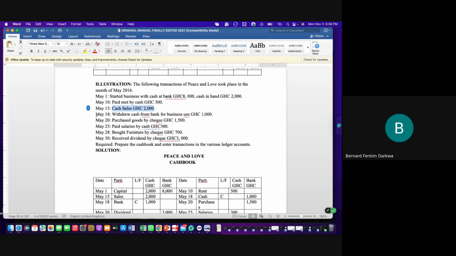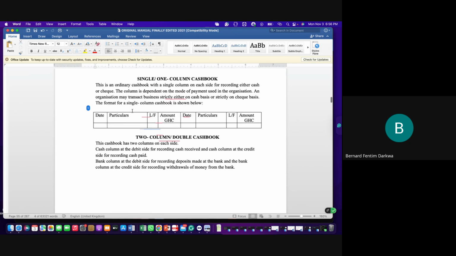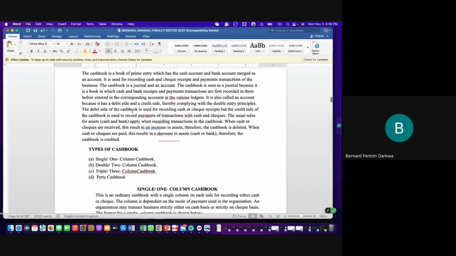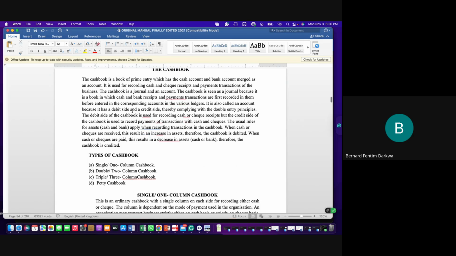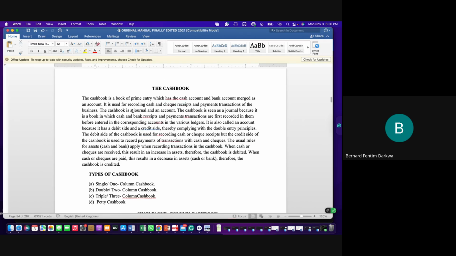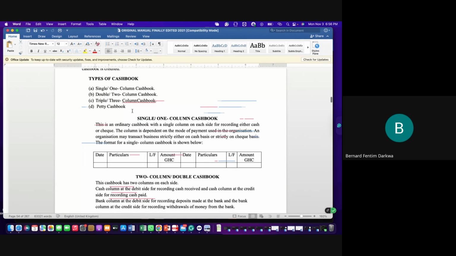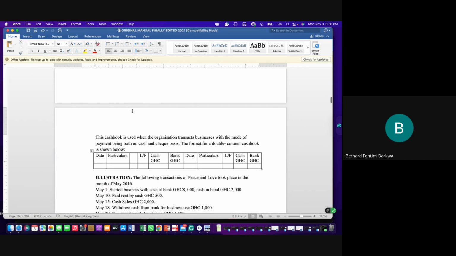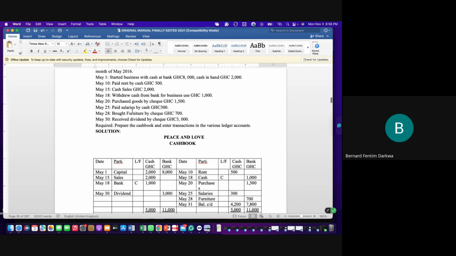This is what we are talking about, contra entry. When you're doing a cash book, it's here that you meet contra entry. You need to know that contra transactions are transactions that affect both cash and bank at the same time. Here: withdraw cash from bank for business use, 1,000.